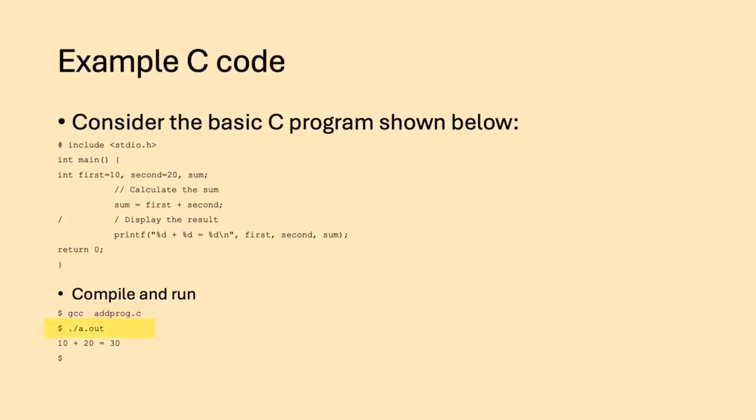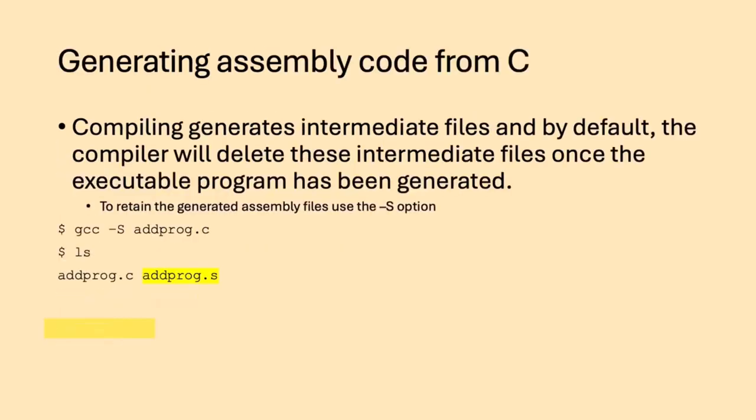Run it to observe the output. Compile the code this time with gcc -S to retain the generated assembly files. Normally, the intermediate files are deleted once the compilation is completed.